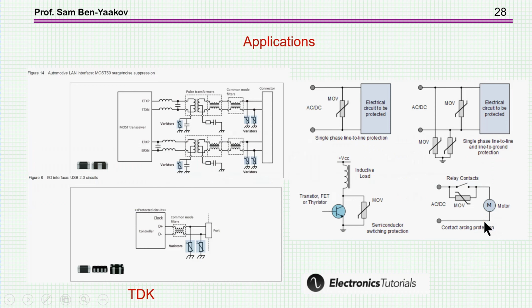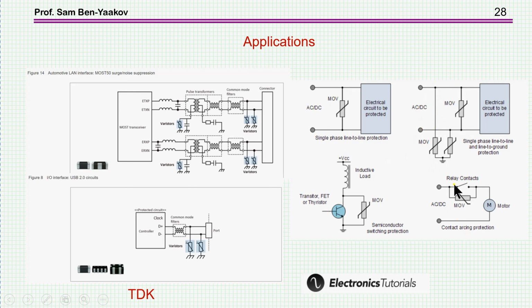So what are the applications? There are many applications to a varistor, and I just copied some from publication of some companies. Here we see the input to a system. Here is to a line, and this will be like between the line and to ground.